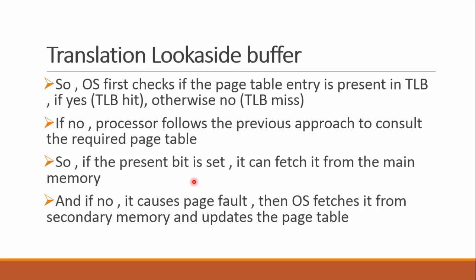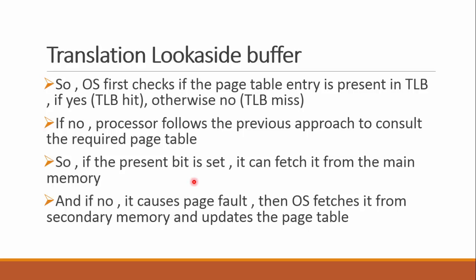If it's a miss, the processor follows the previous approach, as we have seen before the TLB. It consults the required page table, and if the present bit is set, it means the page is in the memory. Otherwise, it has to be fetched from the secondary memory.